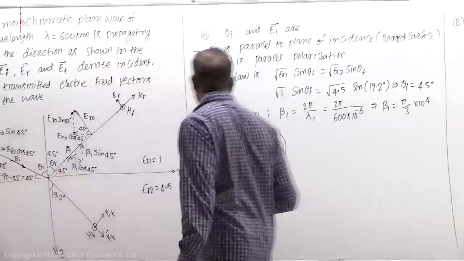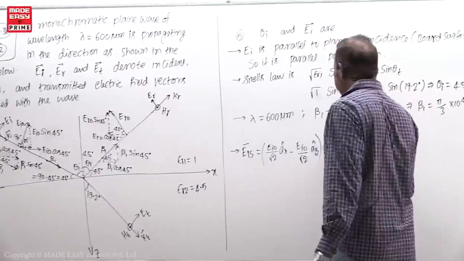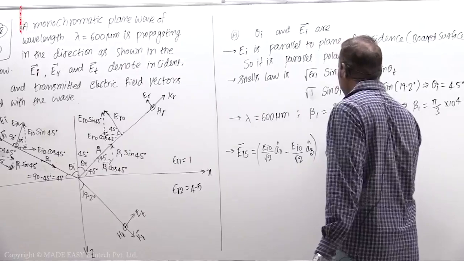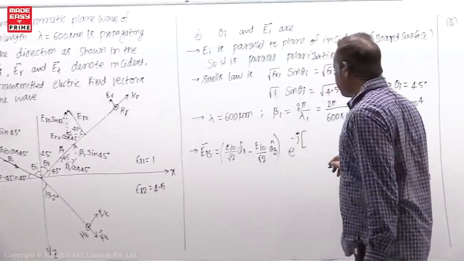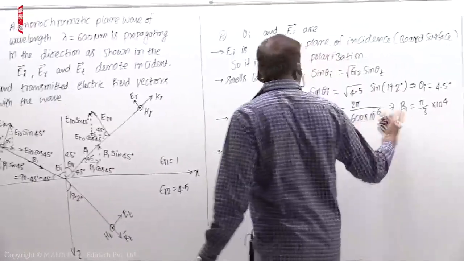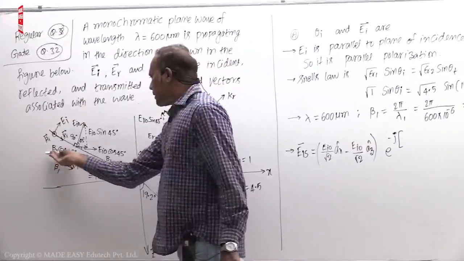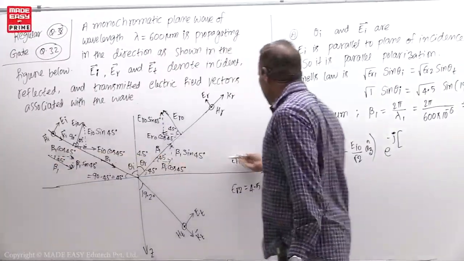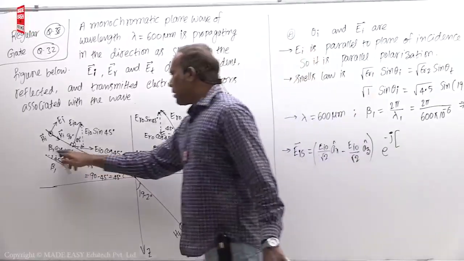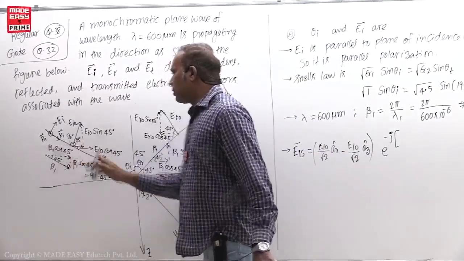Now from the beta direction, e power minus j, you write. Beta 1 is this one. Can you tell me what this direction is? Here it is x direction. So beta 1 cos 45 is beta 1 by root 2.